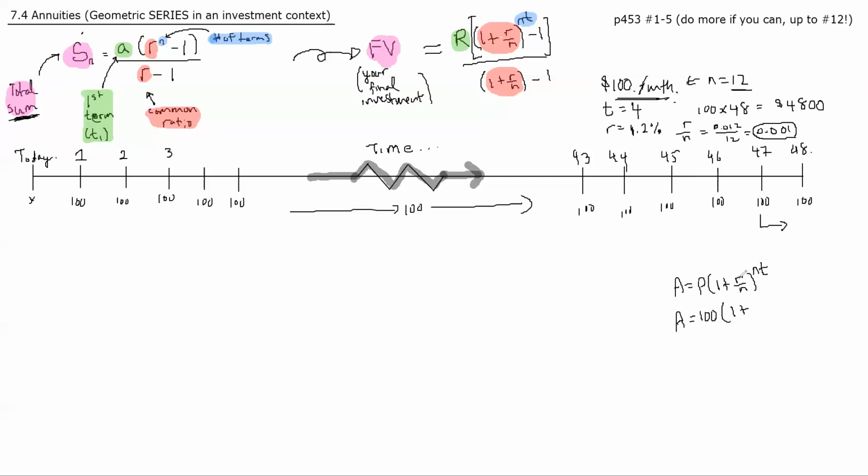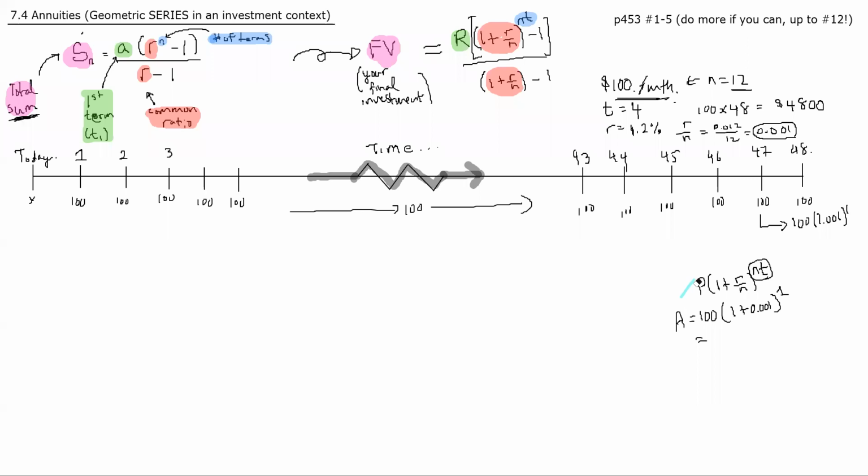multiplied by, remember, 1.2% divided by 12. It's going to be an addition of 0.001. And how many times did we do this? Well, we only gained interest for 1 month, so this only happened once. This would be 100 times 1.001 to the power of 1.